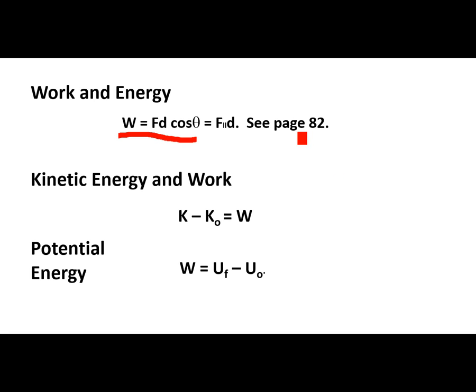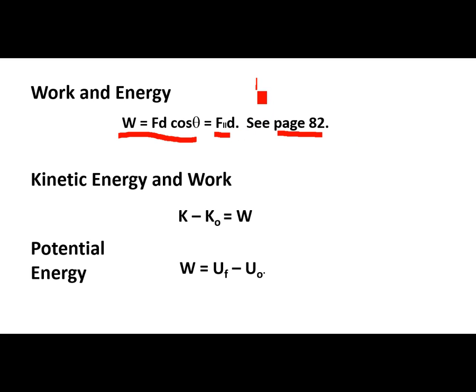That's what I'm referring to, the picture on page 82, where you see a box and the force is at an angle to the direction of the displacement d. So really all we're interested in is how much of the force is actually parallel to the direction d. So that's what this little subscript reference here on F, with the two lines, means: F parallel, the amount of force parallel to the distance d.